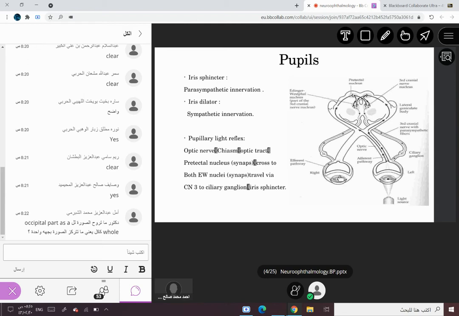So you are examining this patient or candidate to check the pupillary light reflex. If we shine a light, this is a light source, on the left eye, what will happen?